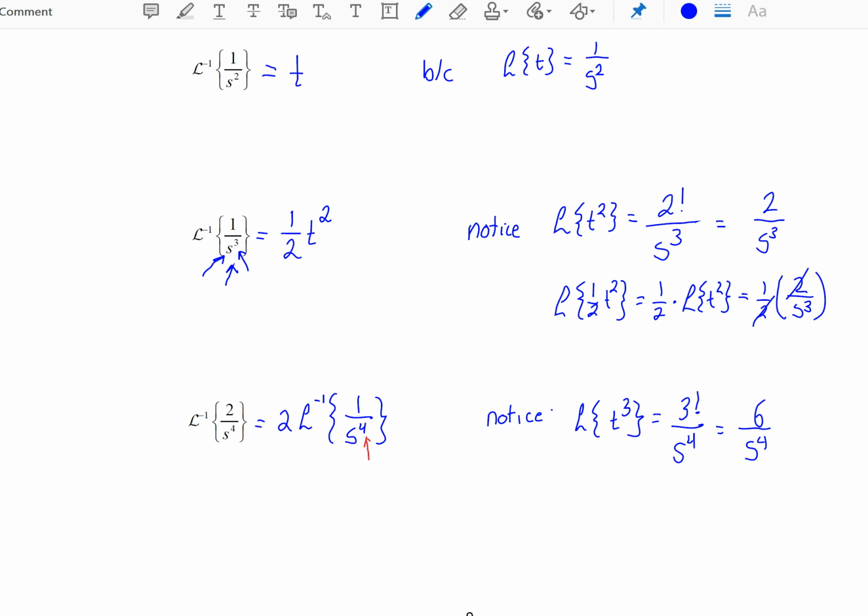We had, if you want to look at it as 2 over s to the fourth or 1 over s to the fourth, and I'm going to focus here on 1 over s to the fourth for a minute. I had 1 over s to the fourth, not 6 over s to the fourth. So I think what I really need to do here is account for that factor of 6. So I think what we really want would be 2 times 1/6.